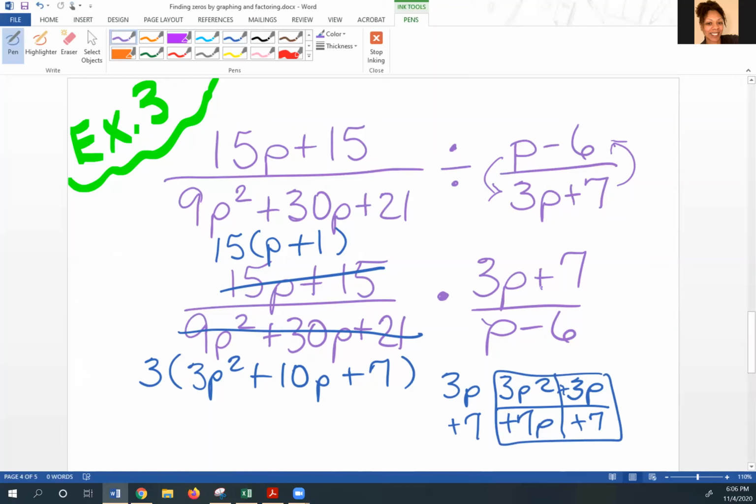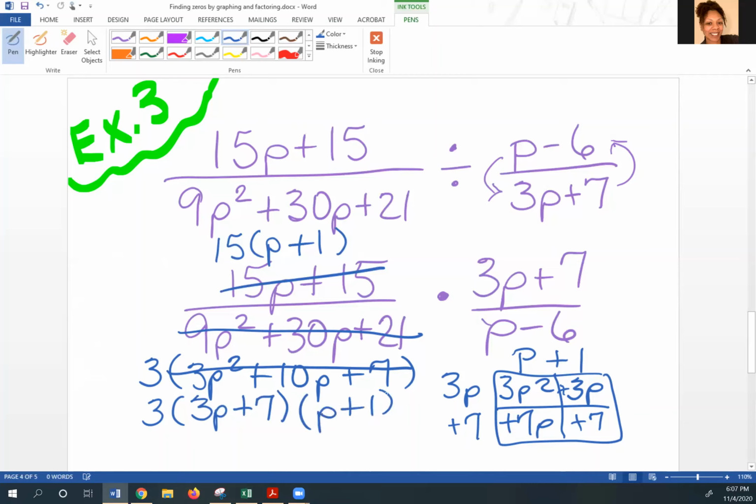Now I want to factor out the exact same way going towards the top. 3p squared and 7p, the only thing they have in common is a p, and then between 3 and 7, the only thing they have in common is 1. So those are my factors. So I'm going to take this away and bring down my 3. So 3, and then these are my new factors, 3p plus 7 times p plus 1.